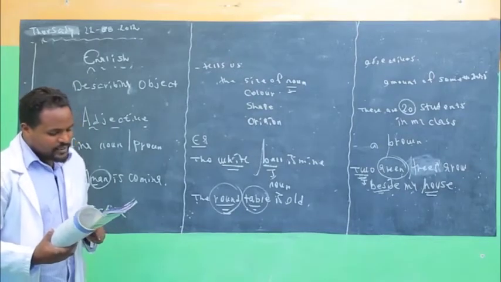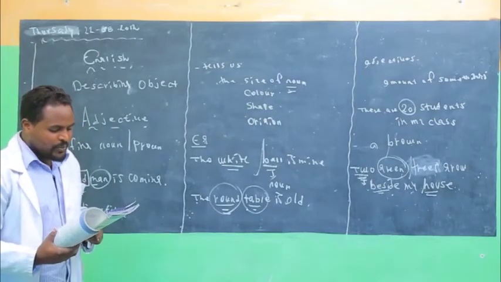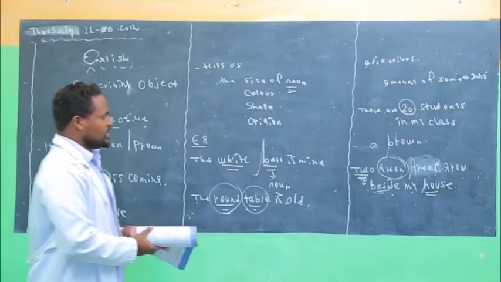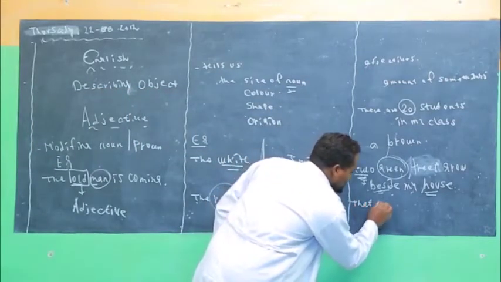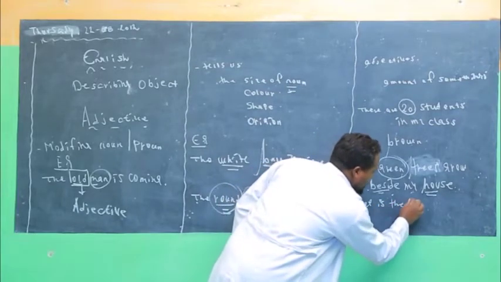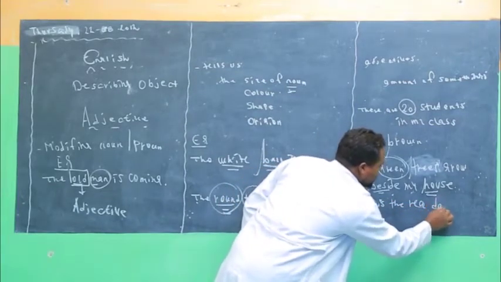The other one: that is a red ball beside the house. Red is an adjective of color.